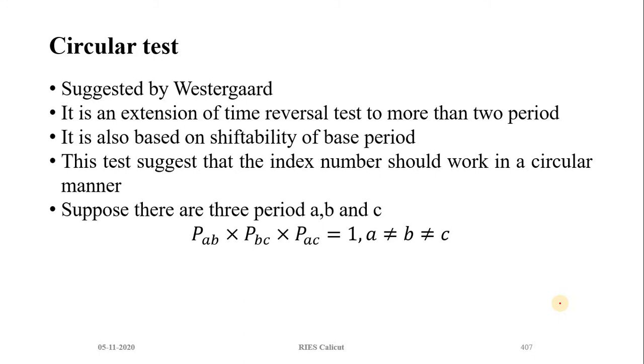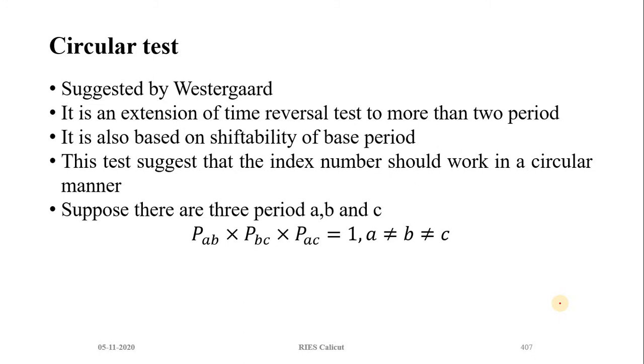PAB, the price index number between A and B, multiplied by the price index number between B and C, multiplied by the price index number between A and C. Cross multiplication, or cross valuation.